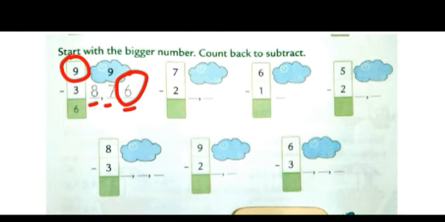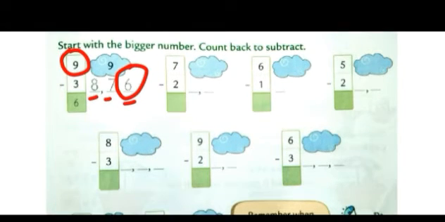Now, let's do the next example given here. Okay, 7 and 2. From 7, we need to subtract 2. First, tell me which is the bigger number. 7 is the bigger number. Okay, starting from 7, we need to count back 2 numbers. So, let's do that.